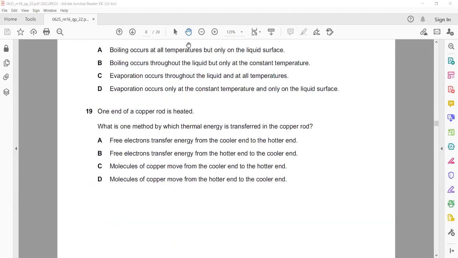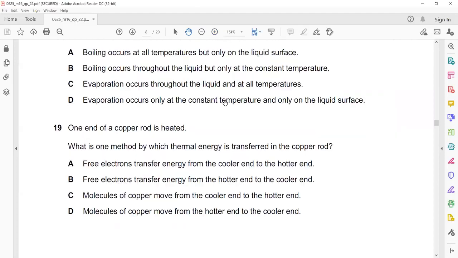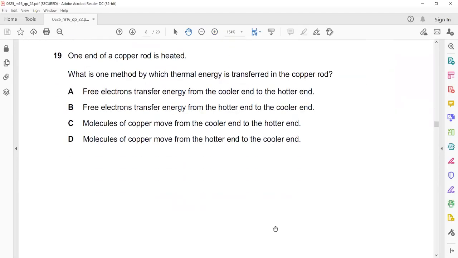Question 19. One end of a copper rod is heated. Which is a method by which thermal energy is transferred in the copper rod?